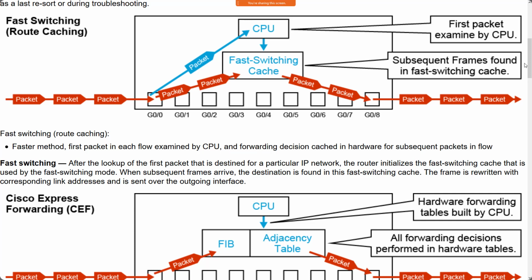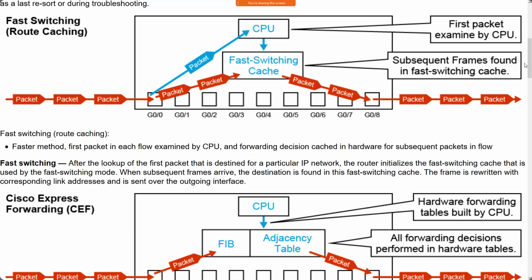And then based on that information, we build the caches, the adjacency cache, the forwarding information base cache, and so on. There's typically 2 different caches that are created with this caching mechanism. And then each additional subsequent packet within the flow is going to be switched at the data plane using those caches rather than being processed at the control plane.